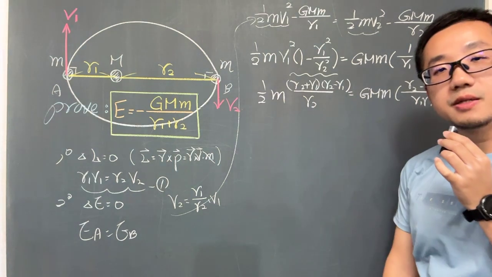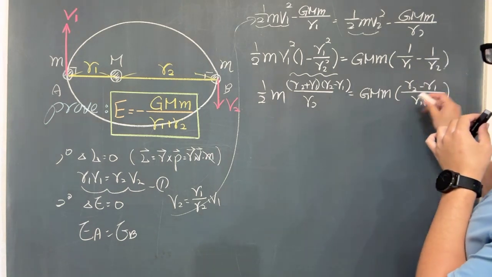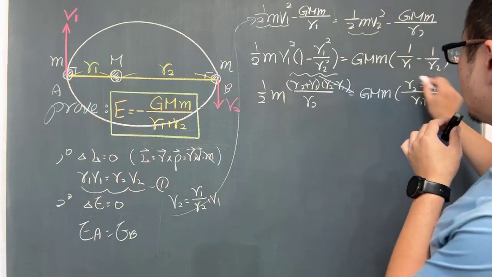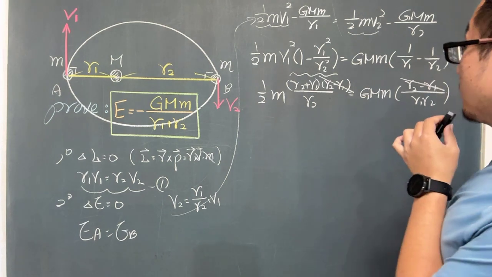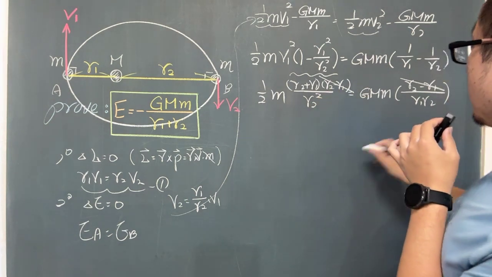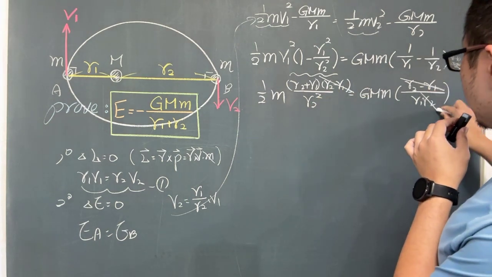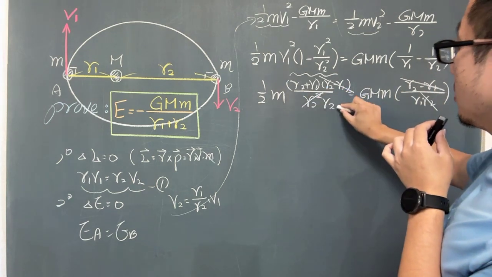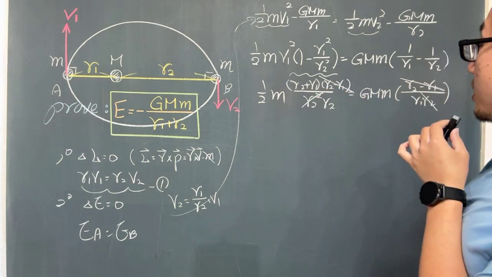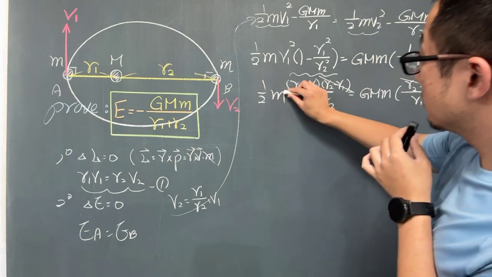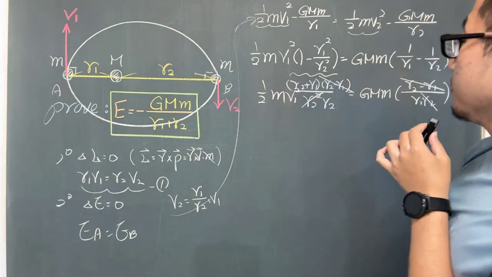All right. Simply by observing this equation, I can cancel the r2 minus r1 term, and since this is r2 squared, further cancel one of the r2. All right. So there's a v1 squared.